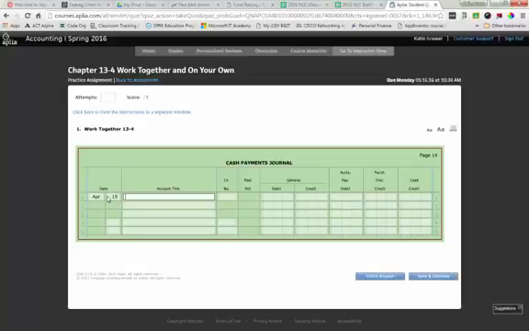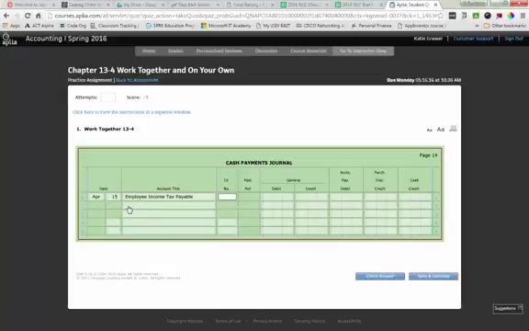So we are going to be paying the federal government. We are going to pay our employee income tax payable. We're going to pay our Social Security. And we're going to pay our Medicare. We're going to pay all of those with one check. So I'm going to go ahead and put those account titles in that order.